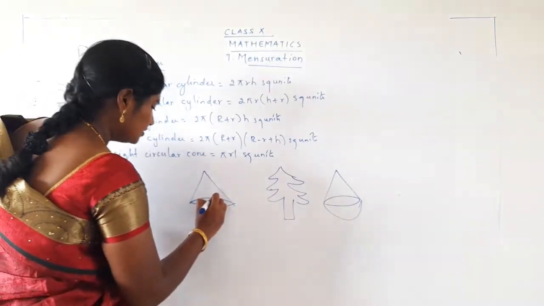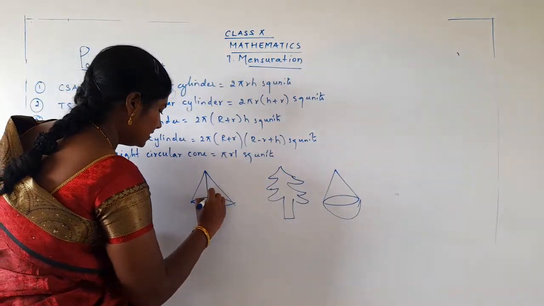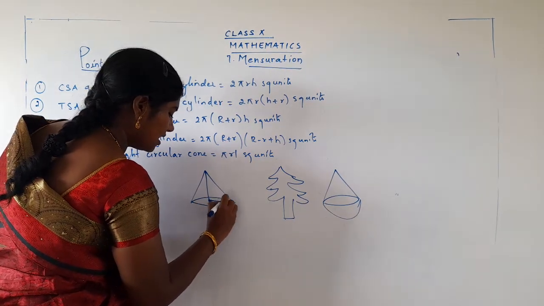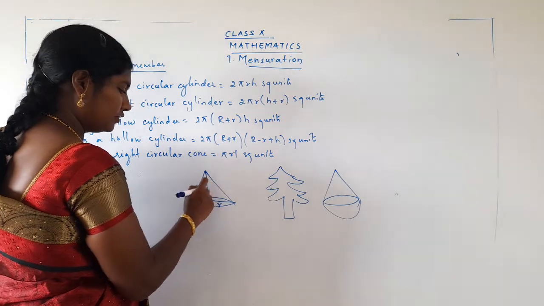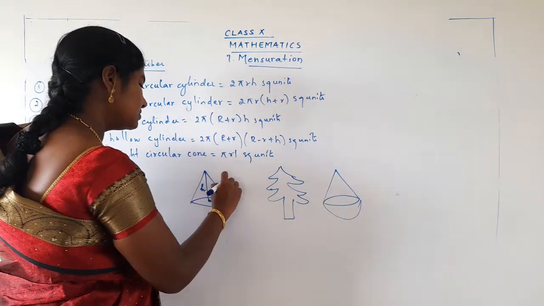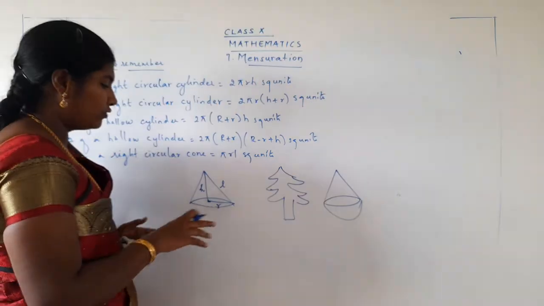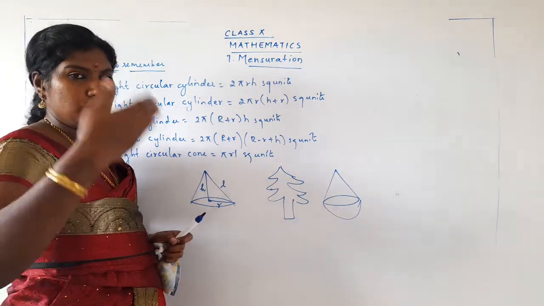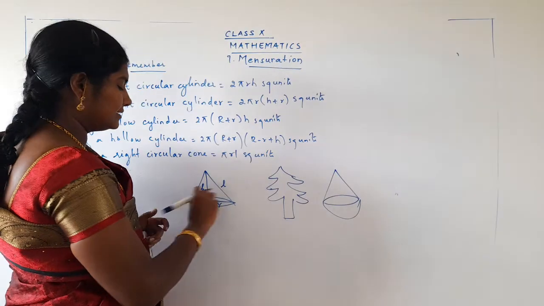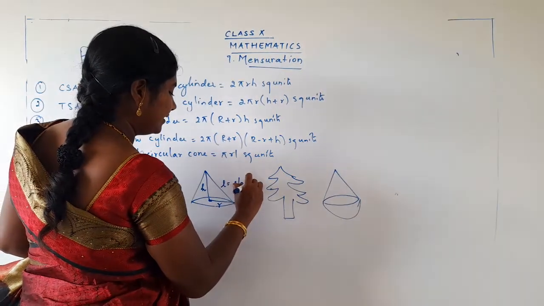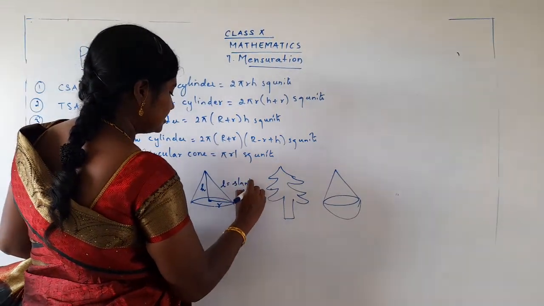See here, this is a cone, and this is r, the radius of the cone. This is the height of the cone, and this is L, the slant height. So for a cone, you have two heights: one is the vertical height, and one is the slant height. Slant height is given as L, and this is the radius of the cone.